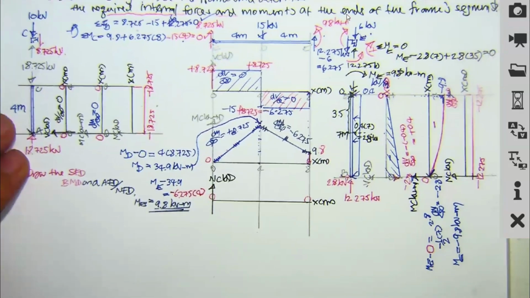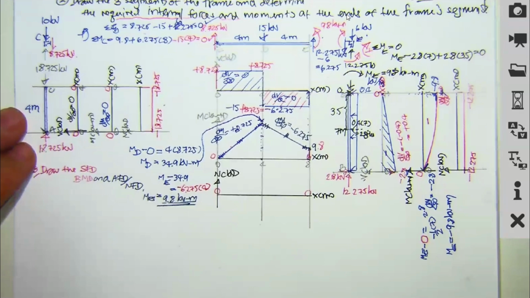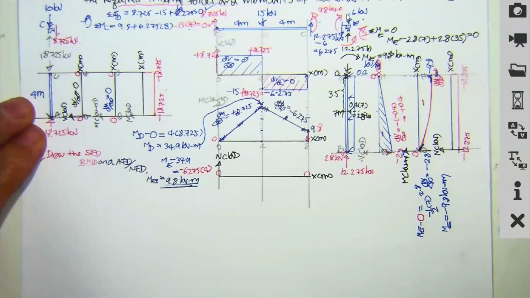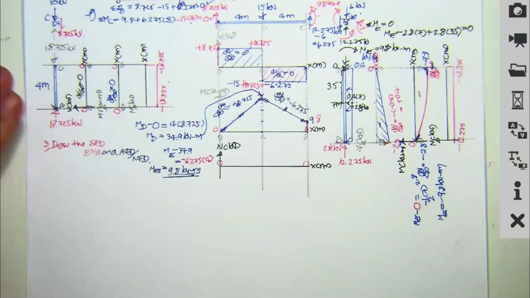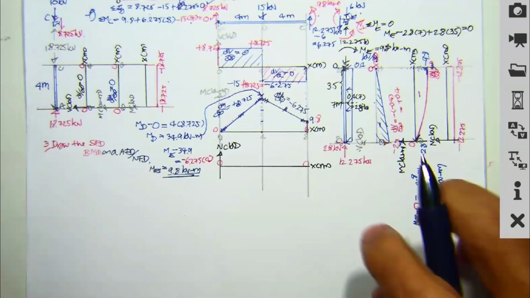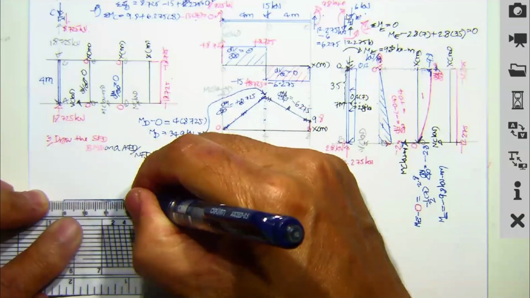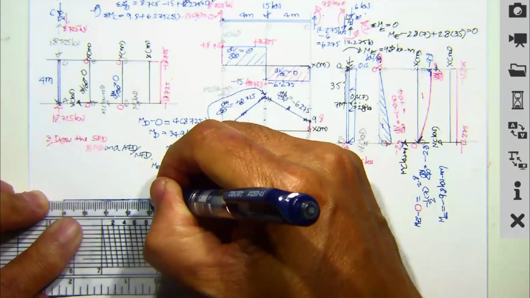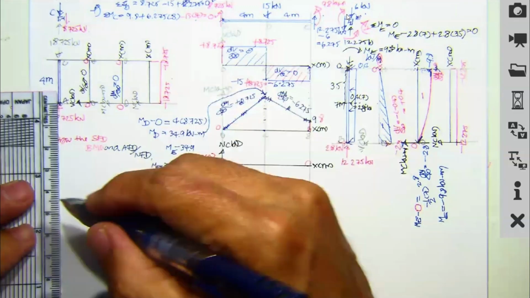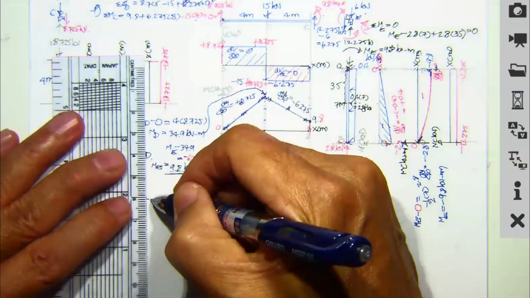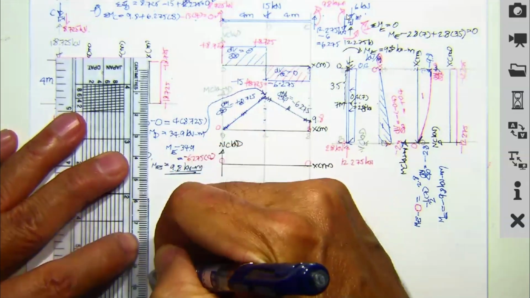You have to combine them together by drawing our frame. Okay, and then follow as before. We may have the normal force diagram for 2 centimeter, and this is 2 centimeter, and this is 3.5.